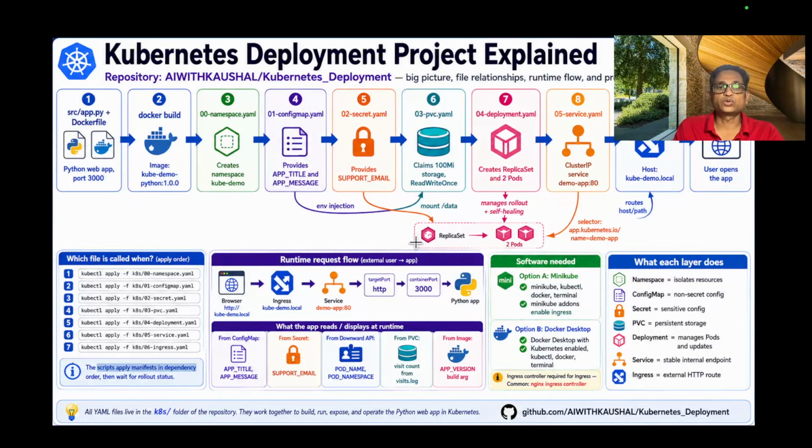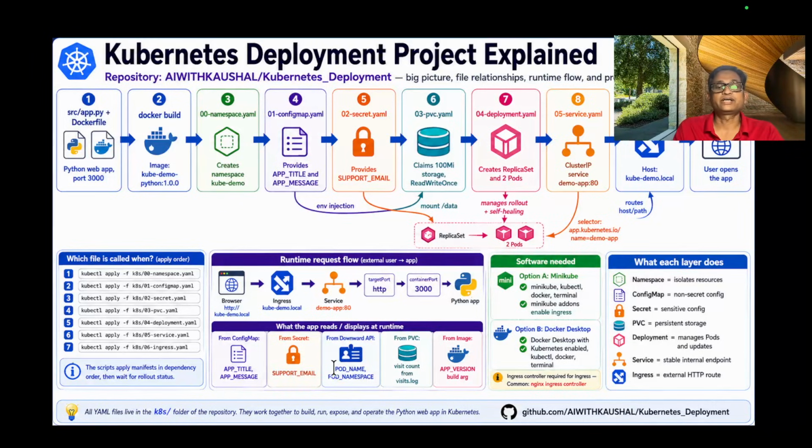All this flow requires these files, like the config.py file. From here it will read the different environment values that you have set, and from the secret it will also read sensitive information like database username, password, or something like that.